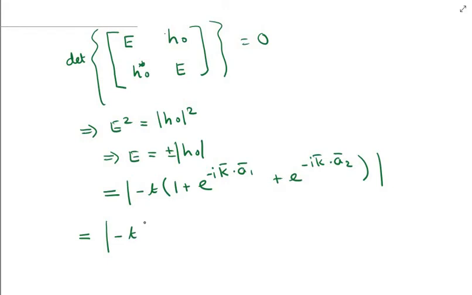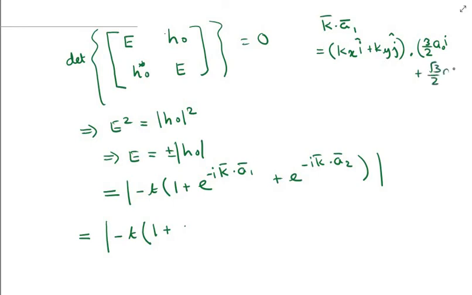Let me write this term here: k dot a1 is equal to kx i plus ky j, where i and j are the unit vectors along the x and y directions, and a1 is nothing but 3 by 2 a0 i plus root 3 by 2 a0 j.